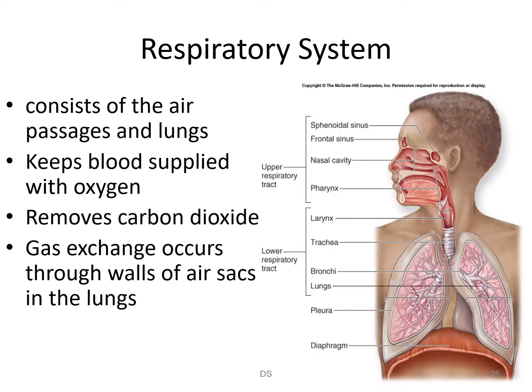The respiratory system consists of the upper respiratory tract, like the nose, the pharynx, the larynx, and so on. They are included in the respiratory system, and the lungs.